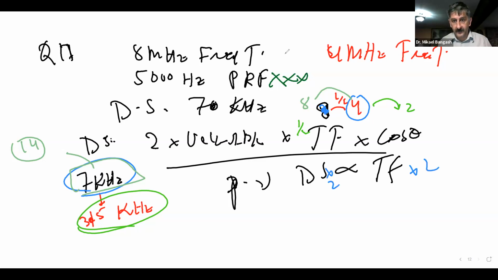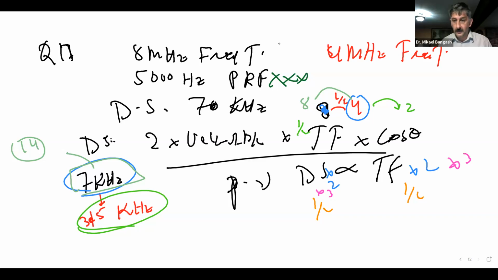If this increases 3 times, then this is also going to increase 3 times, and so on. When it is directly proportional, that means if this one is reduced to half, this will also reduce to half. Something like that, right?